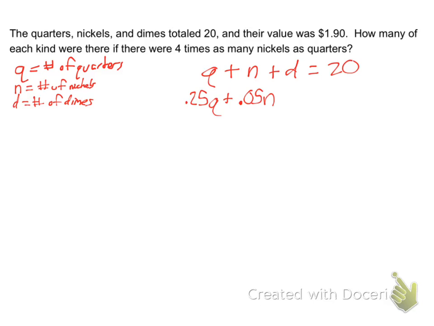Why is it 0.05? It's 5 cents. Plus 0.10D equals 1.9. There's our second equation.